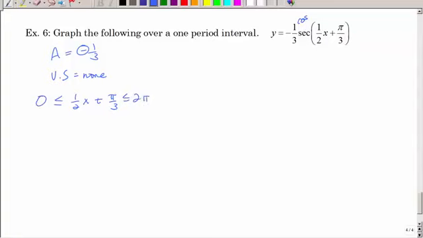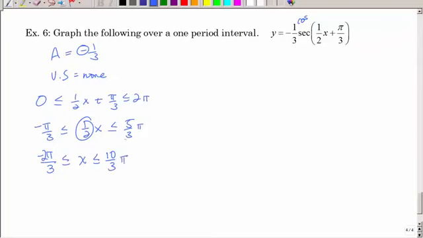That's how I do it. So subtracting pi over 3, then I'm going to multiply both sides by 2 to get rid of the half.